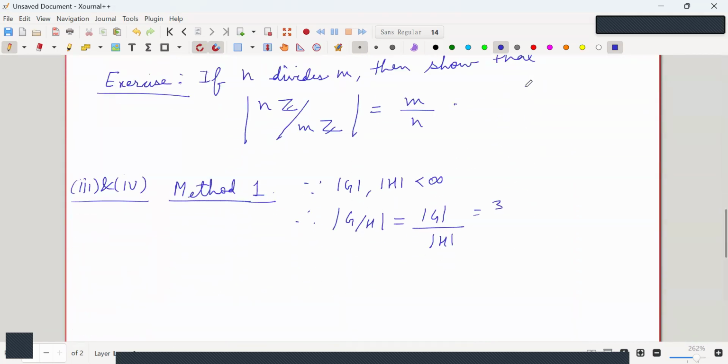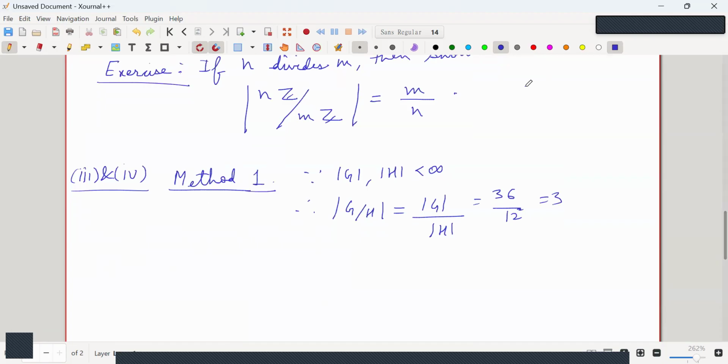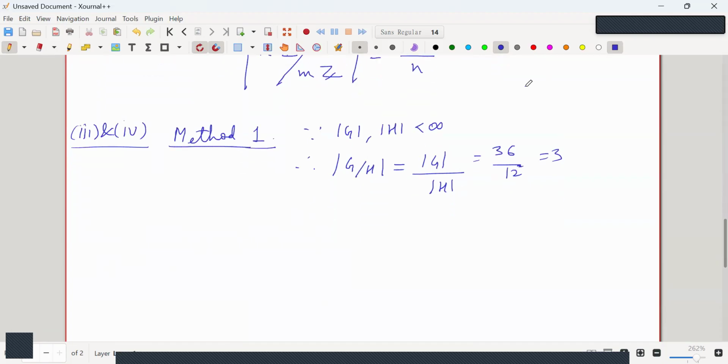This is 36 by 12, hence it is just 3. And we know that there is a unique group of order 3 up to isomorphism. So G by H is isomorphic to Z mod 3Z. Okay. Second is what you said.